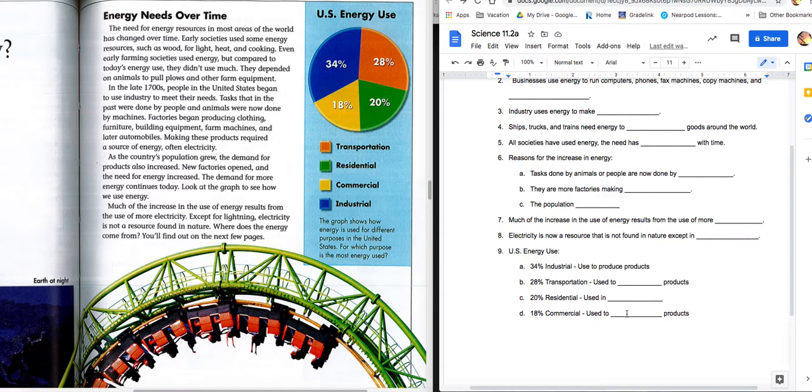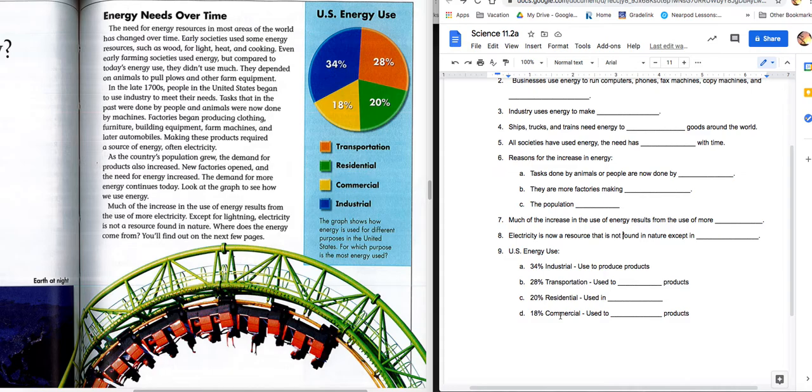This is used to, I wrote the word, sell products. When you hear the word commercial, you think about watching a commercial on TV. When I watch a commercial on TV, my job is to buy that product. So I'm going to go to a store, I'm going to the mall. That's a commercial place, guys. It's where they sell products. So I'm going to make a Ford truck. The industry builds the Ford truck.